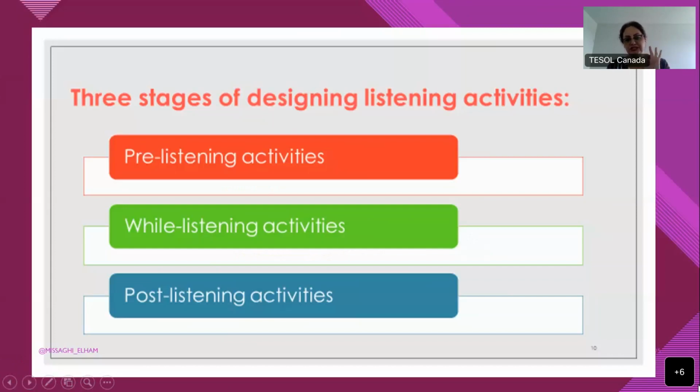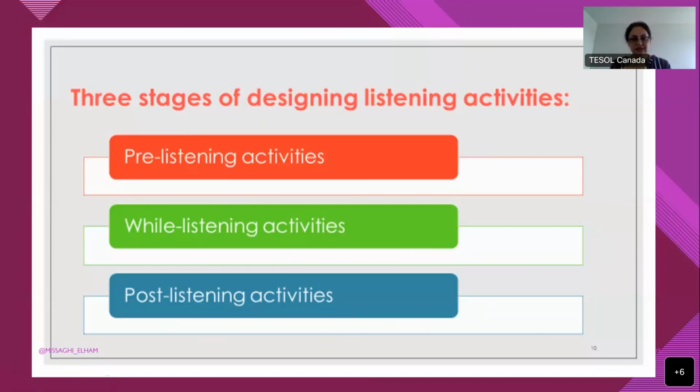Back to those three stages: pre-listening, while-listening, and post-listening activities. As I said, pre-listening is the same for intensive and extensive. What was number one? Put your students in the context.